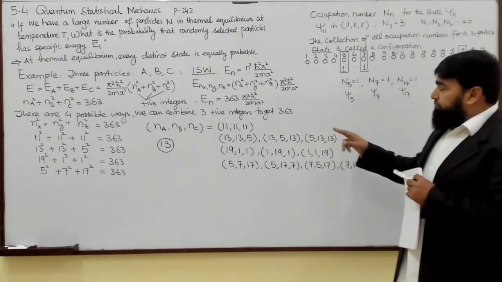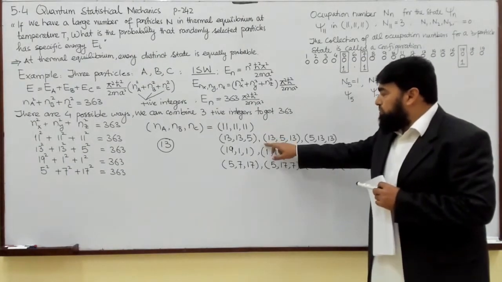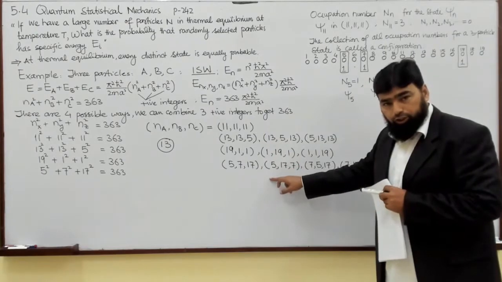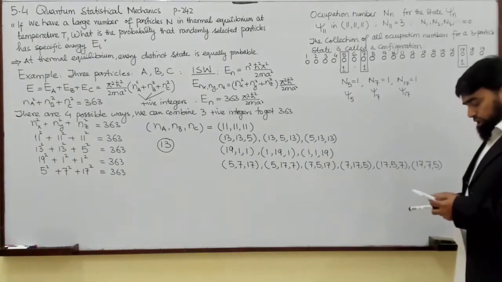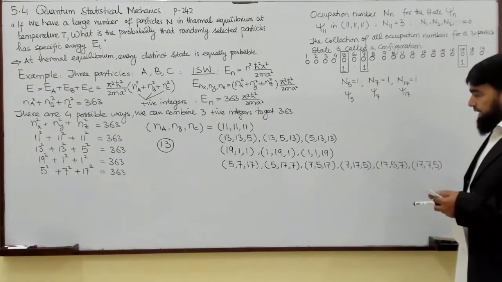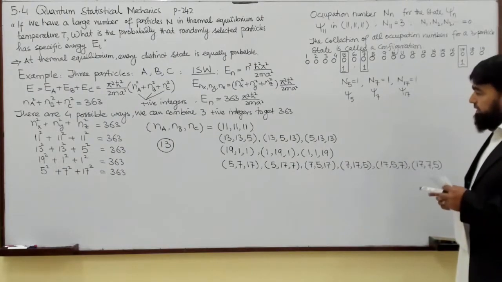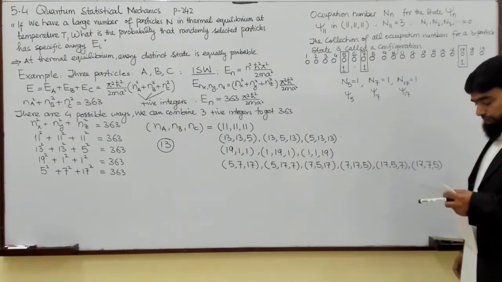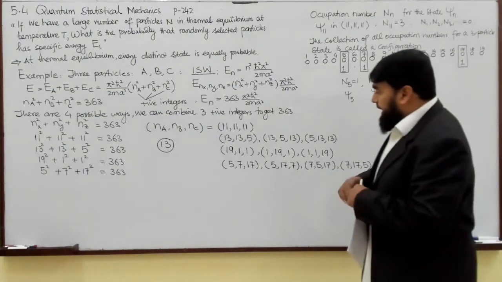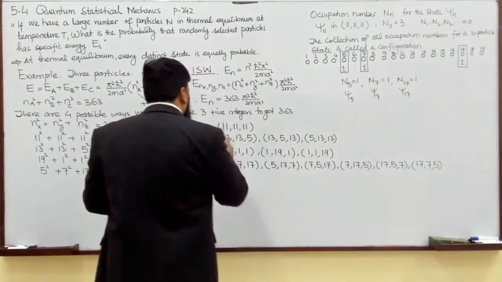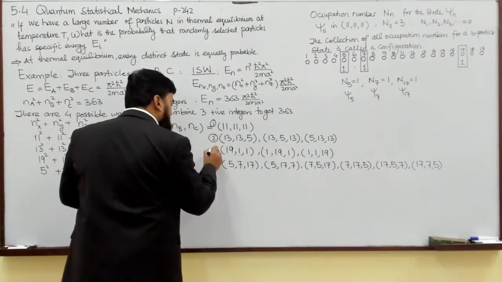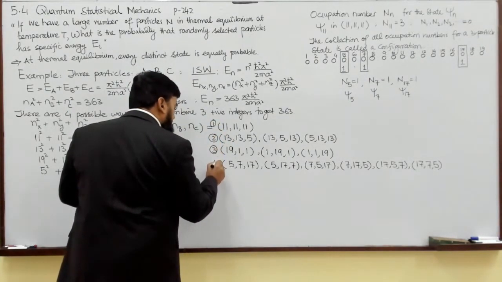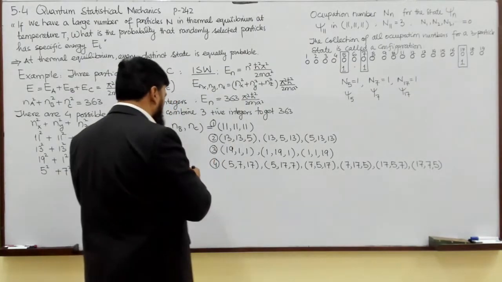So we have 4 possible configurations, and out of these 4, if I consider the particles as distinguishable particles, then I will label them as configuration 1, configuration 2, configuration 3, and 4.